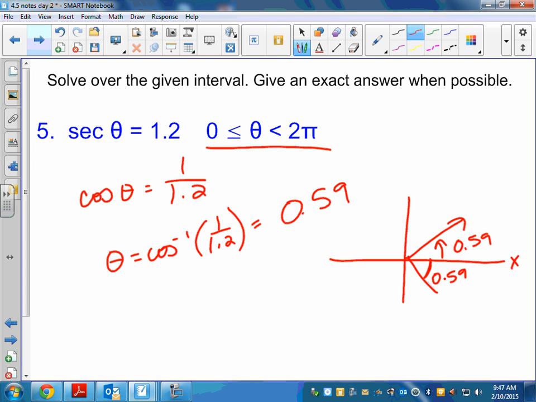So what math could I do there to figure out what would be measured from here all the way around to here? From what? 2 pi minus 0.59? Do you agree with that? That would give me a quadrant 4 angle there. So I want to go from 0 all the way around except for take that away. So 2 pi minus 0.59 would give me an answer of like 5.69.